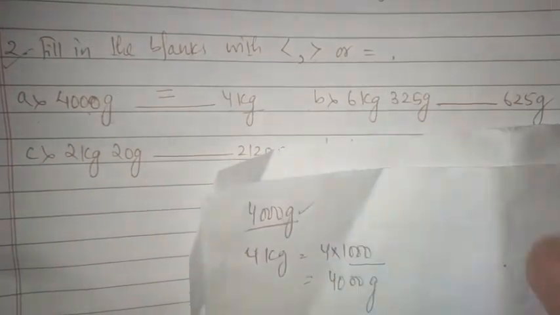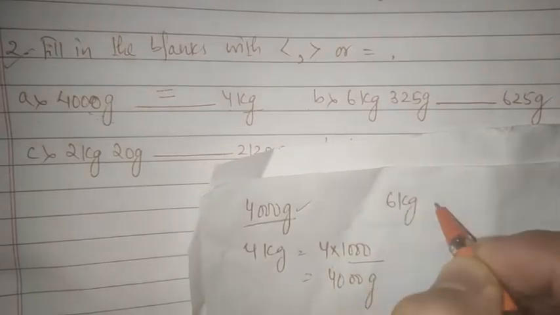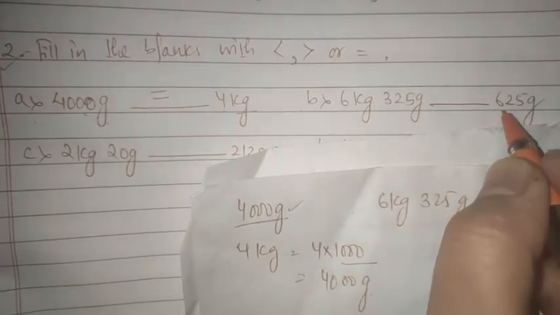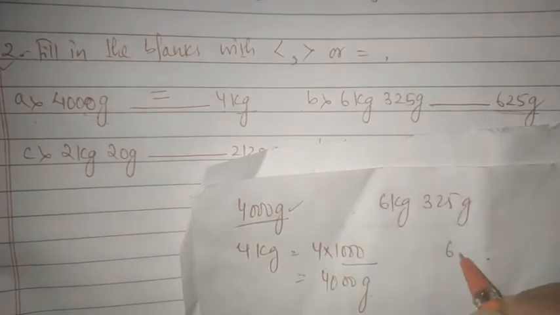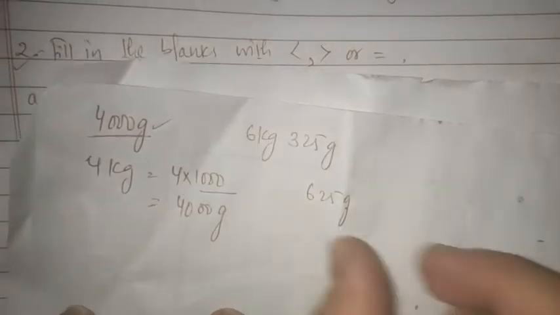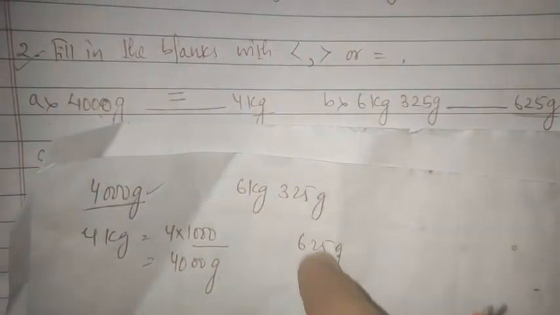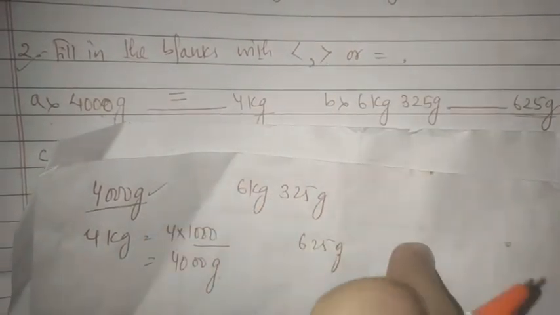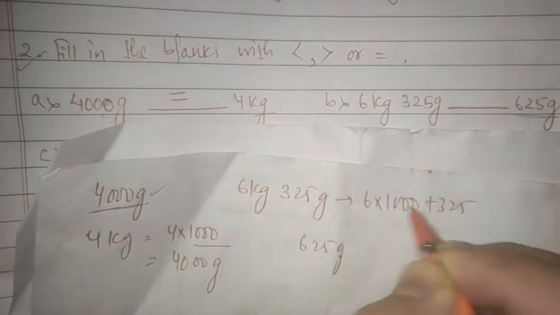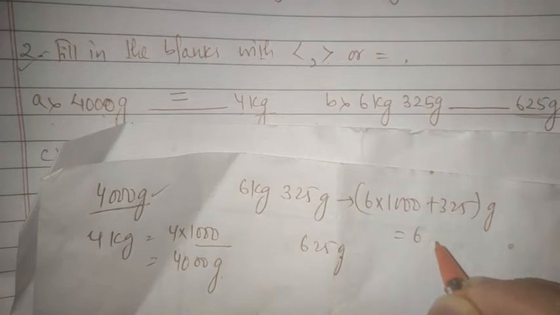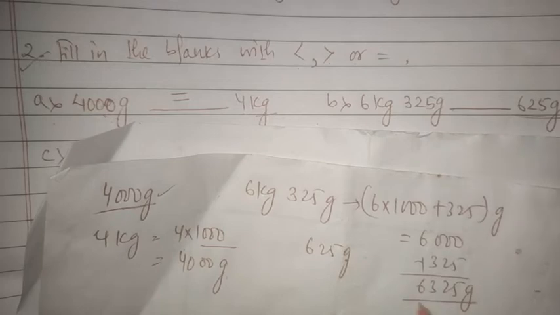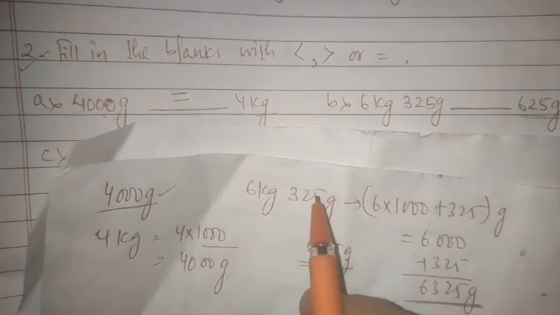Let's compare part B, that is 6 kg 325 gram and 625 gram. Here 625 gram looks smaller, but we will not check like this. We will convert this value into gram and then compare. 6 into 1000 plus 325 gram makes 6325 gram.